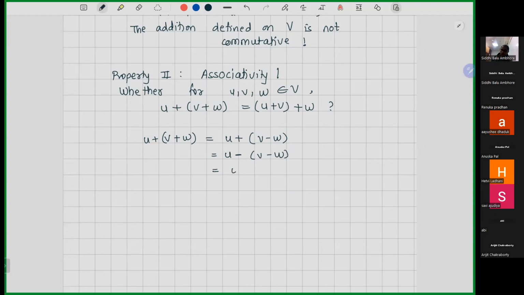Note that at this stage this is the usual subtraction in R, and this is the usual addition in R, and it is no more our vector addition which we defined earlier.